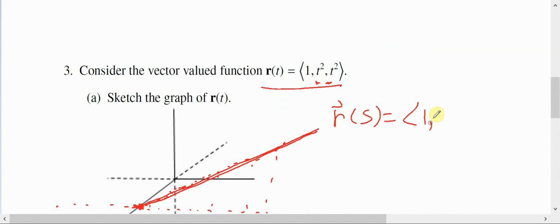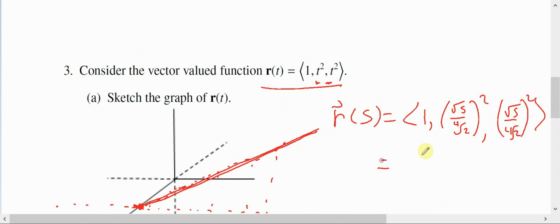So I get the square root of s over the 4th root of 2, squared, and the same again. Squaring these, I get s. Now the 4th root, if I had left it as the square root of the square root, just gets rid of part of that. It becomes 2 to the 1/2, so it comes back to a square root of 2, and this goes to a square root of 2 as well.